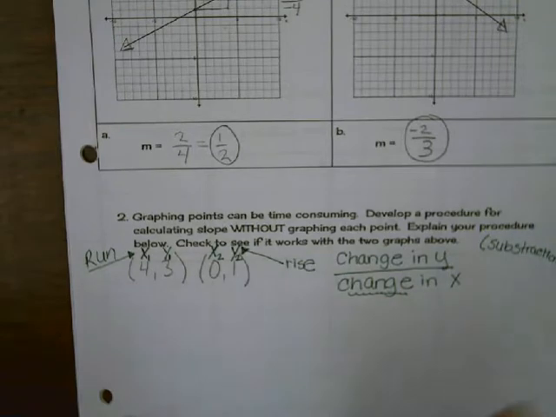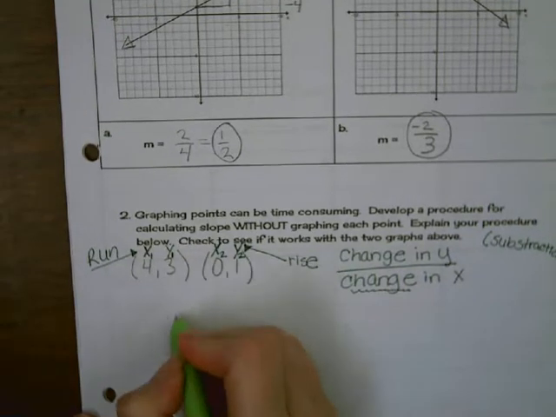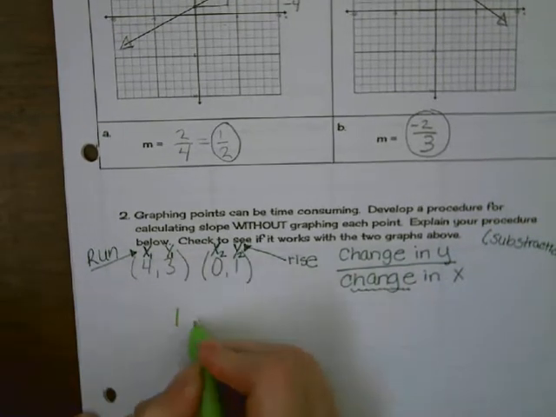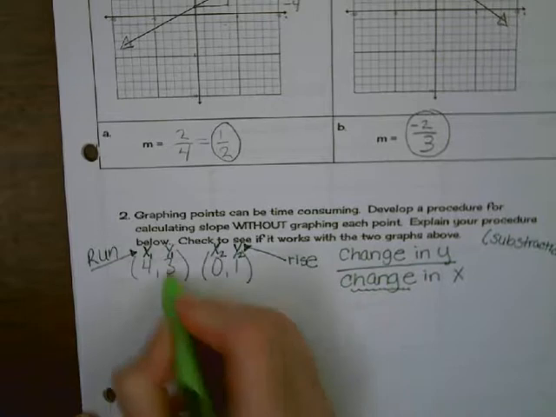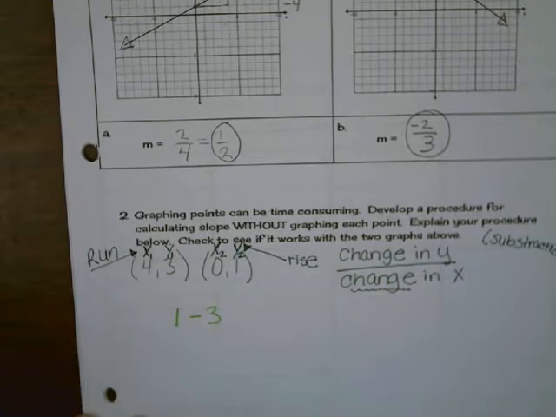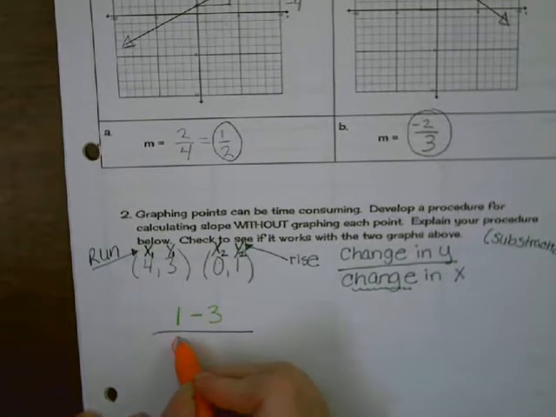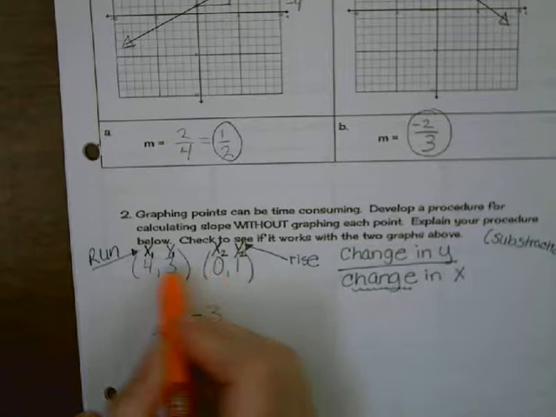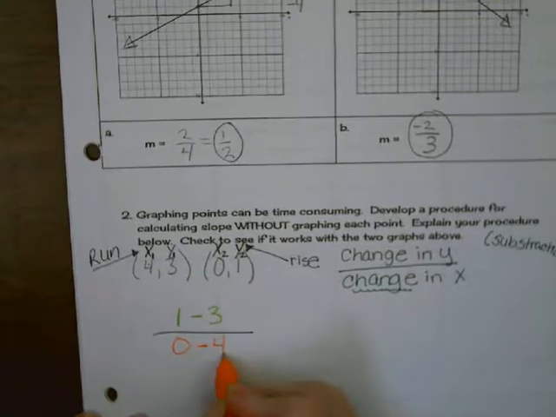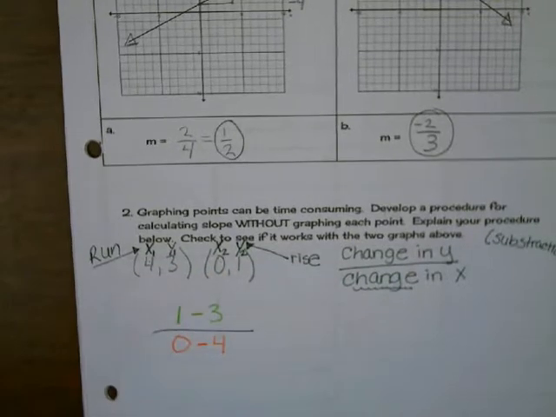So I'm going to take y2 and subtract it from y1. And then I'm going to take x2 and subtract that from x1.